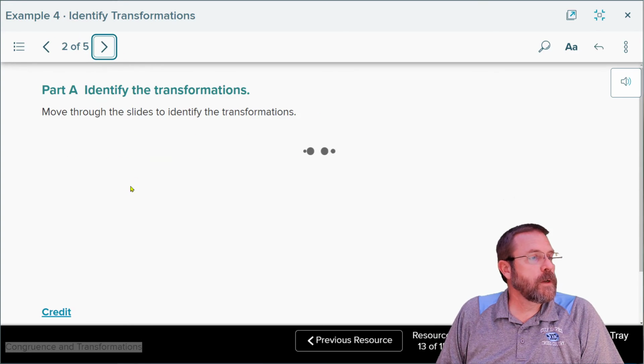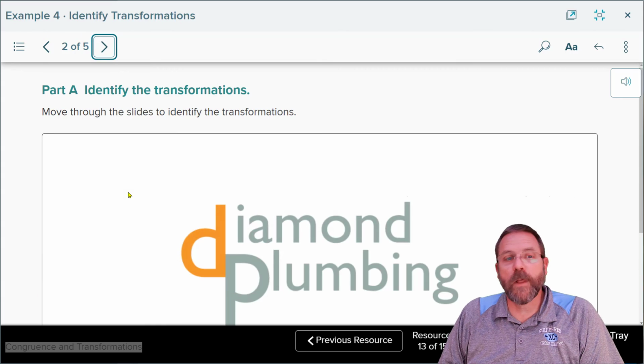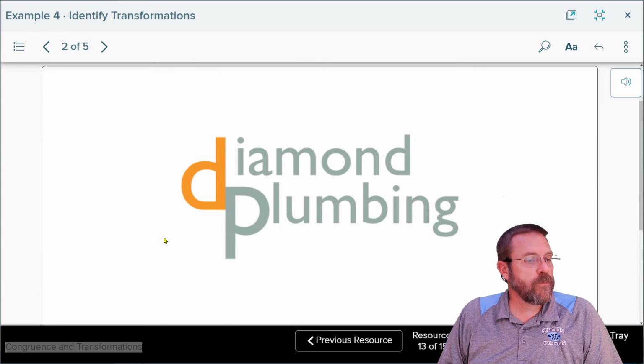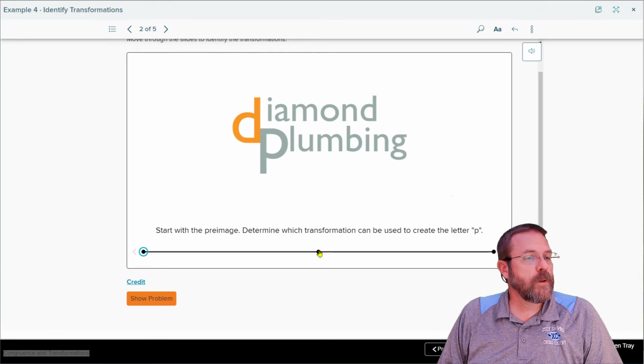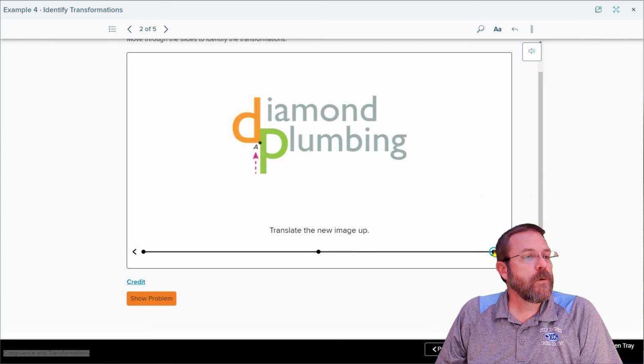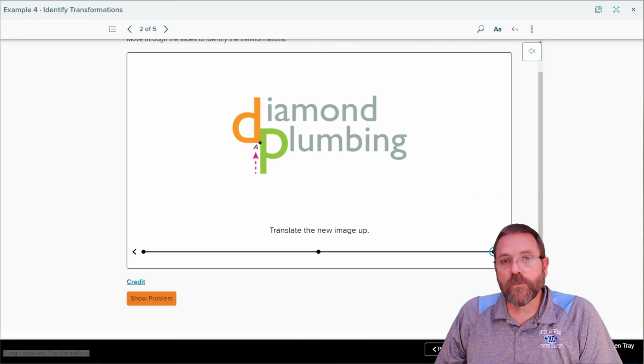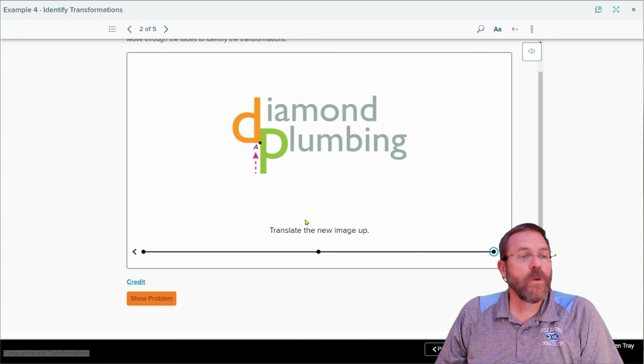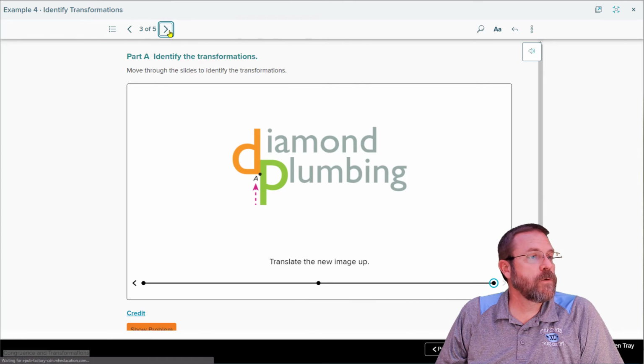So from there, I'm going to move through the slides once again to figure out the transformations. We can see right there that first thing we're going to do is rotate the D around point A, becoming a P. And then from there, we're going to translate it up a certain amount. So absolutely, those two pieces are indeed going to be congruent.